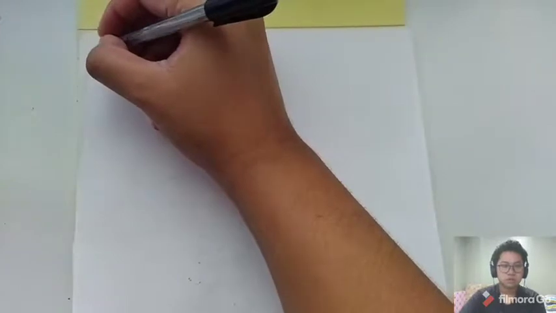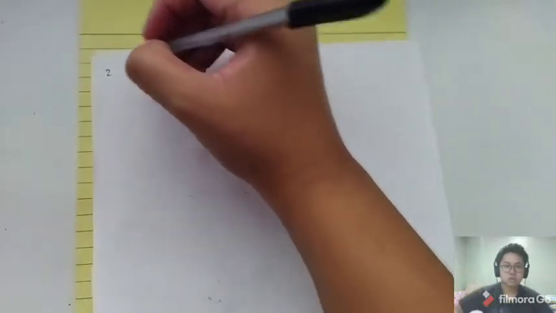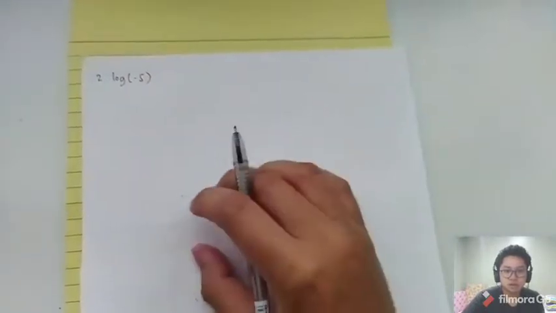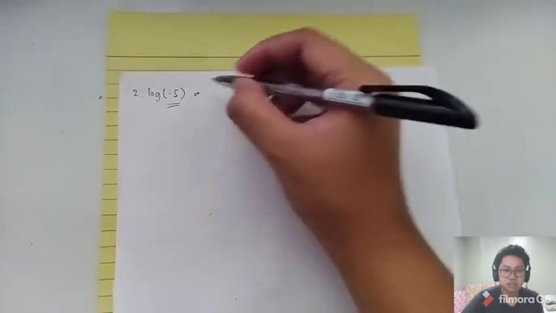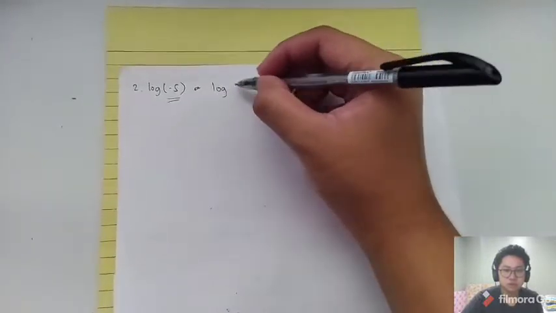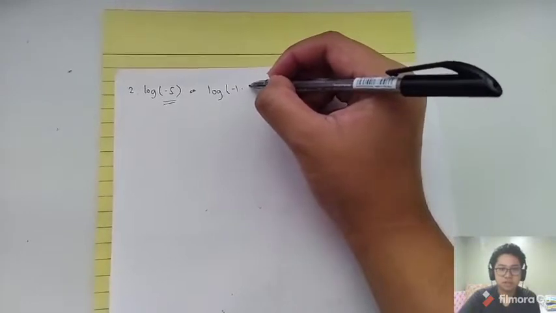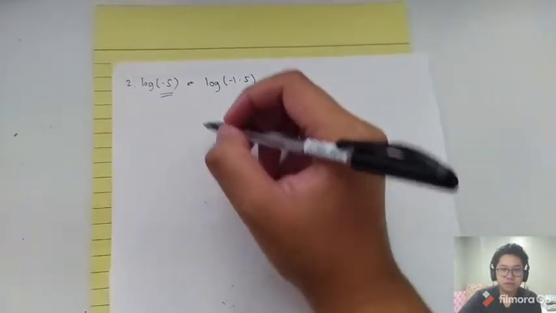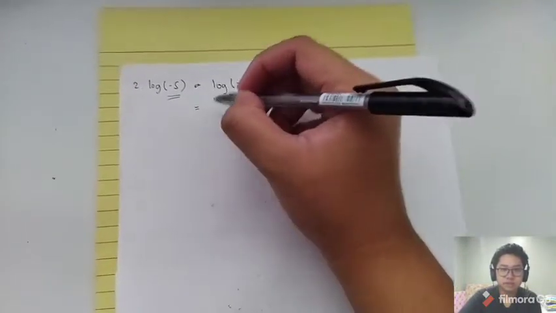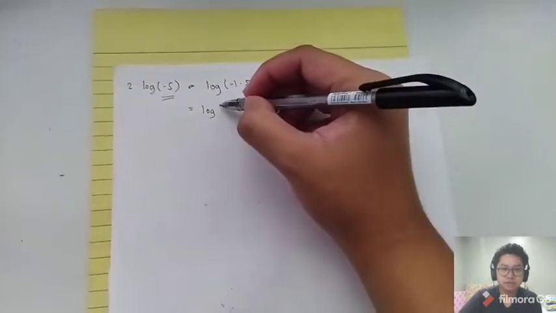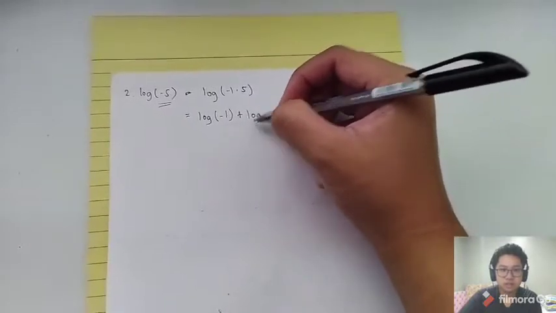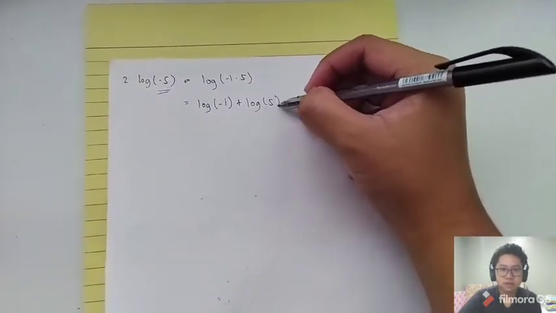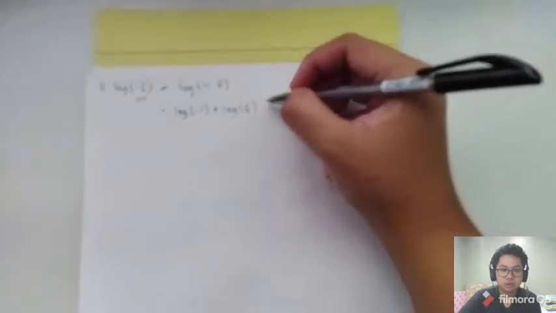For our second problem, evaluate log of negative 5. This is just the solution for real, but this is complex. We will make it logarithm of negative 1 times 5. Using the property, that is logarithm of negative 1 plus logarithm of 5.